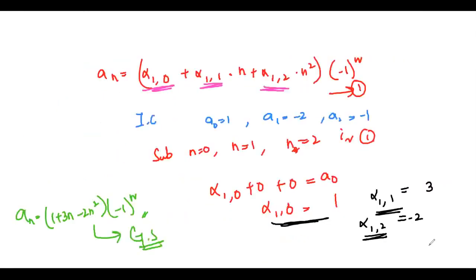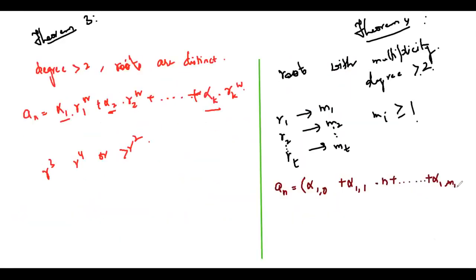So over here, by looking at the formula, you can see that we have to take alpha 1 comma m1 minus 1 into n power m1 minus 1, that is n square when it was being repeated thrice, into whatever the root is power n, plus alpha 2 comma 0 plus alpha 2 comma 1 into n.